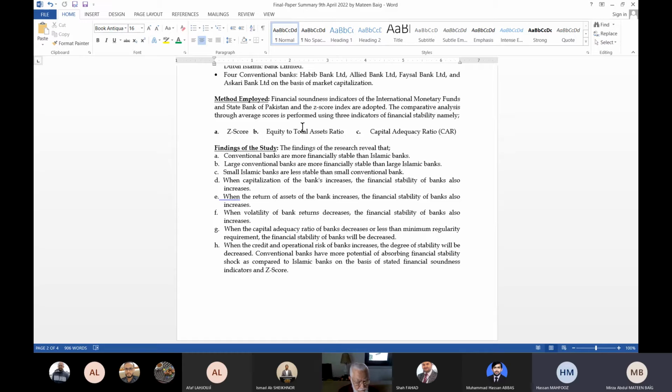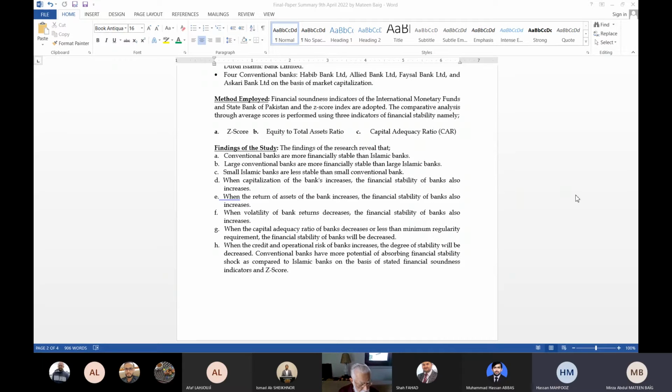This was their first finding. Secondly, large conventional banks are more financially stable than large Islamic banks. The third finding is that small Islamic banks are less stable than small conventional banks. So in all 3 categories, conventional banks are more stable than the respective Islamic banks, whether large or small.